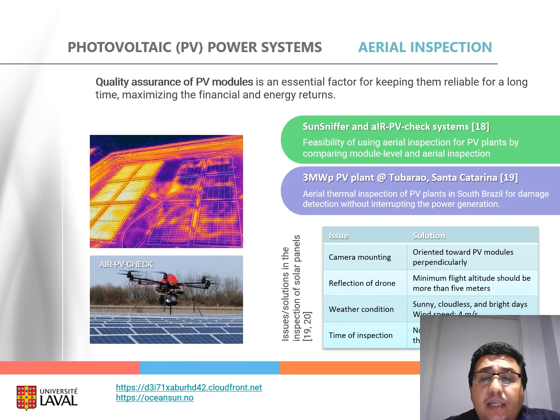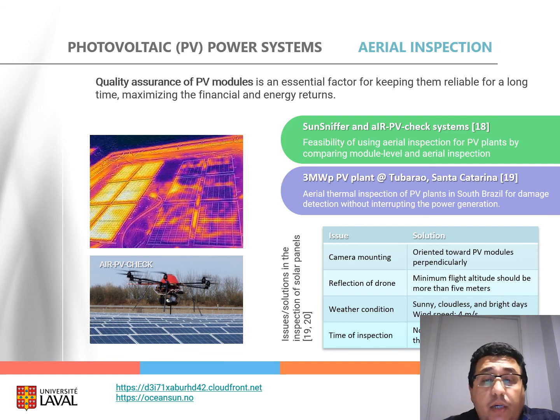The studies in this area investigate different issues and provide some solutions for them. For example, regarding camera mounting, the studies suggest that the best position for the camera is vertical. Another issue is the reflection of the drone, so the studies suggest that the minimum flight altitude should be more than 5 meters.